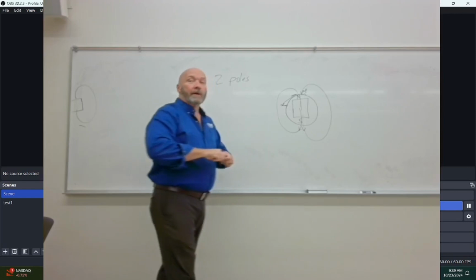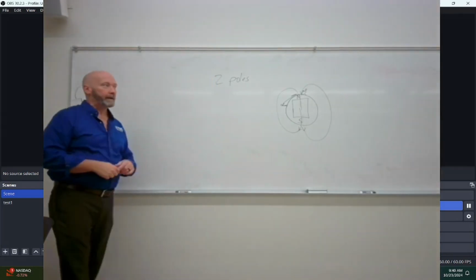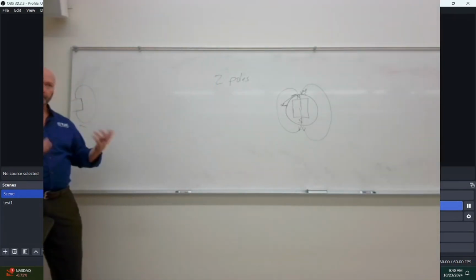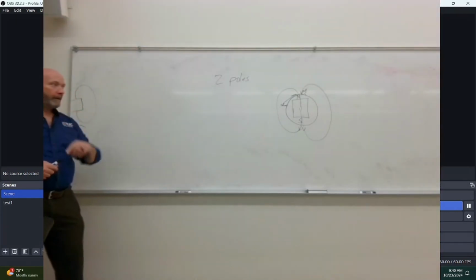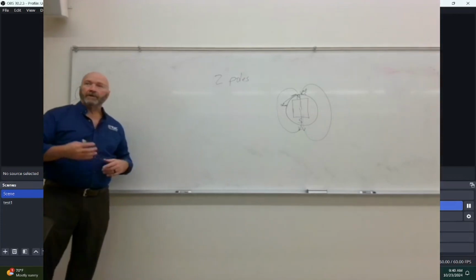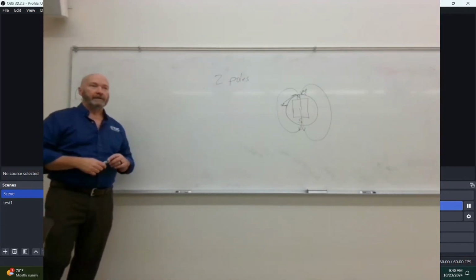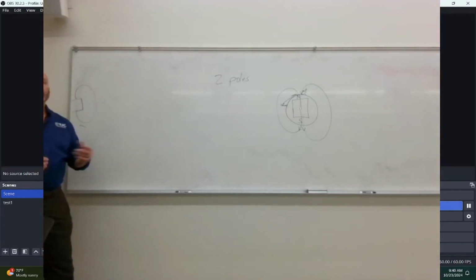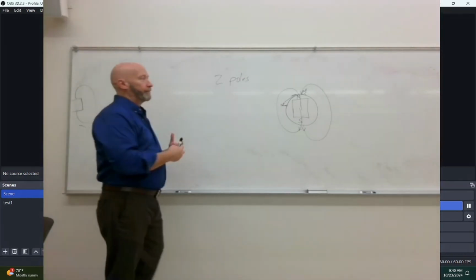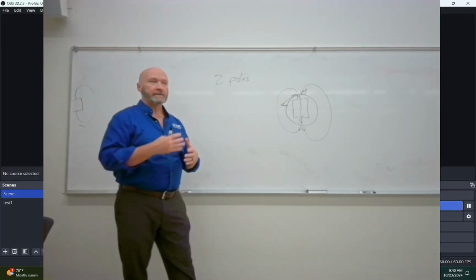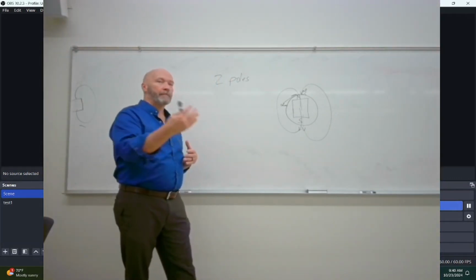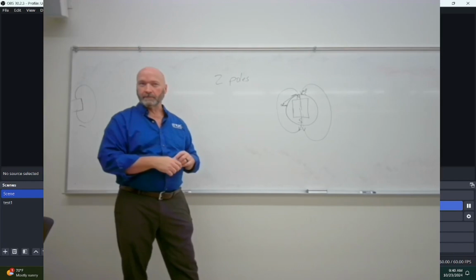So the magnetism of the Earth is really a weak magnetic field compared to, let's say, an MRI magnet. But the magnetism of the Earth reaches out into space infinitely. All right. So what that means is that for the amount of magnetism you get off of a magnet, there is no minimum amount of magnetism. Okay.